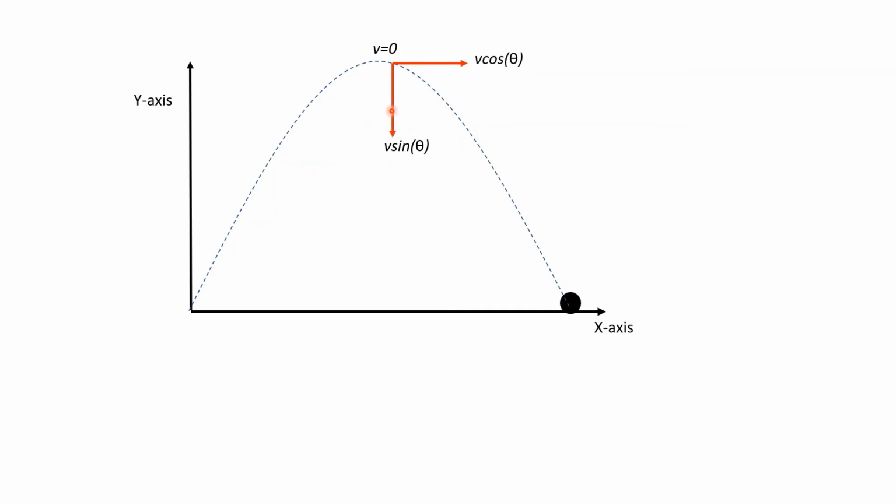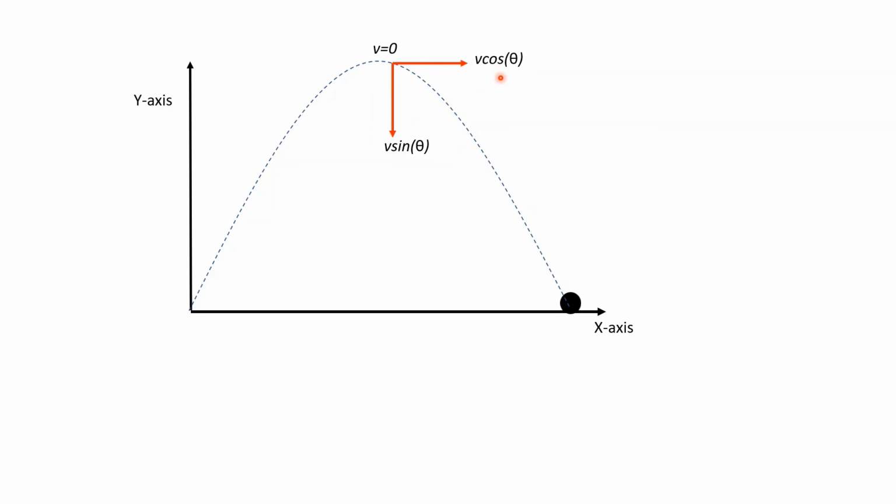Initially, when we start the journey, the vertical component of the velocity is in the upward direction. But when the trajectory goes from the maximum height to the end, the vertical component of the velocity is in the negative direction. So the velocity changes its direction, and the change in velocity gives the acceleration of the body, and that constant acceleration is nothing but the acceleration due to gravity.